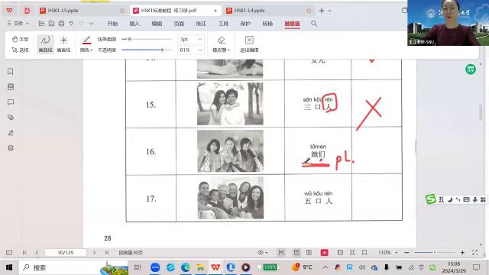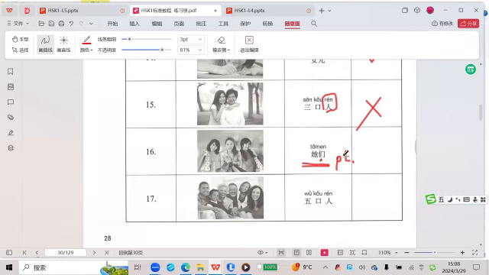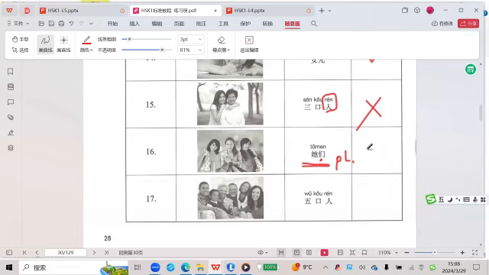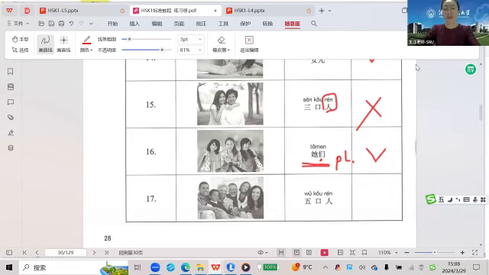It's a plural form of the pronoun. 他们 refers to a group of women, more than 2 women. Is it right or wrong? Right. Very good.